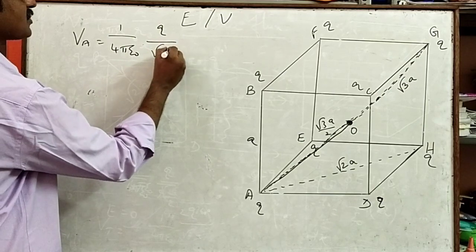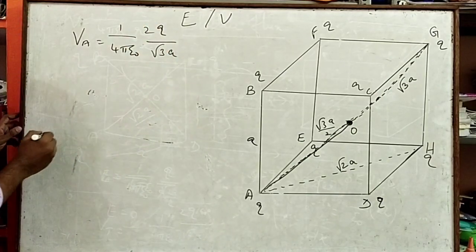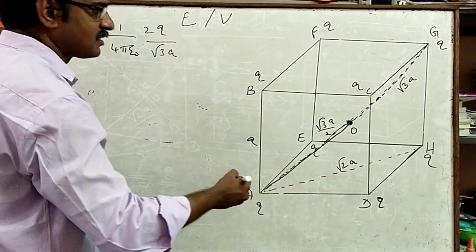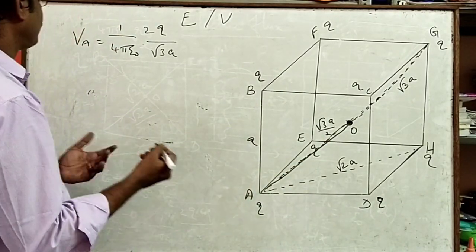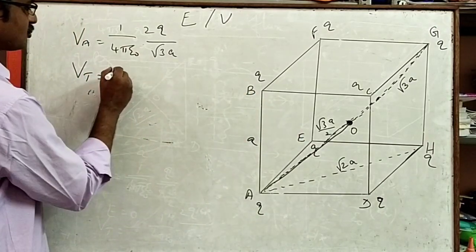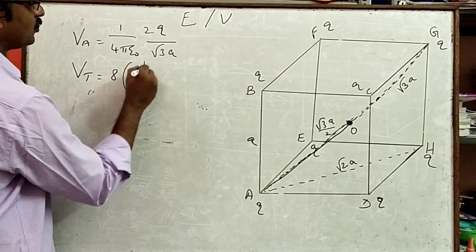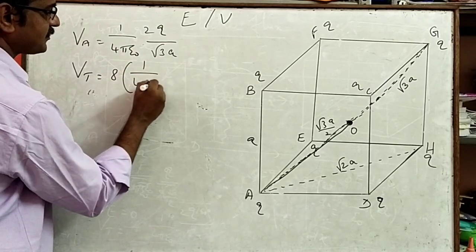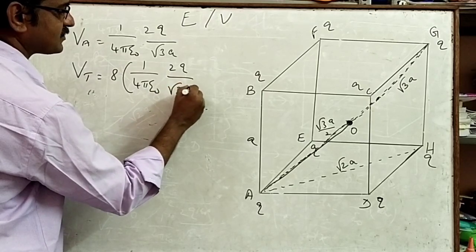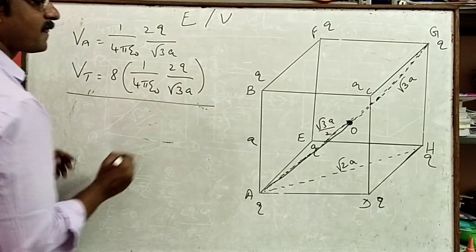Then for the total potential, 8 charges are there, all at equal distance. Therefore, the total electric potential at the center of the cube is 8 times 1 divided by 4 pi epsilon naught, 2q divided by root 3 times A. This is the total potential.